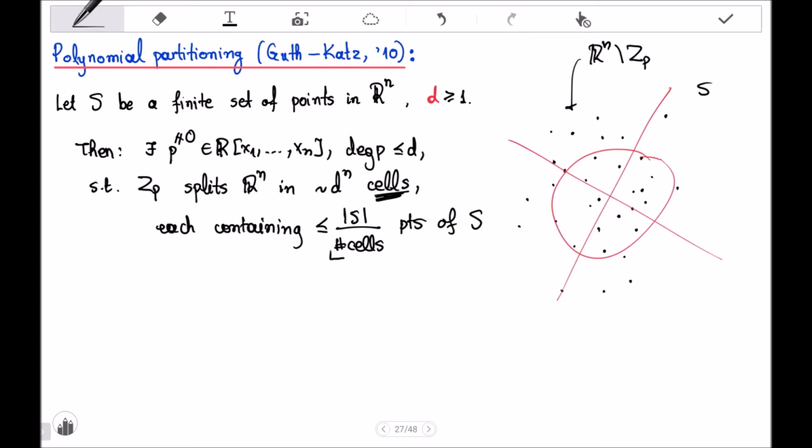This is a number we understand, the upper bound for the number of points inside every cell, because we know how many cells we have, given the degree we chose. This will be the number of points over d to the n, up to a constant. Okay. So this is precise.